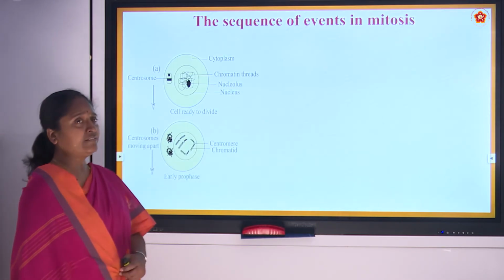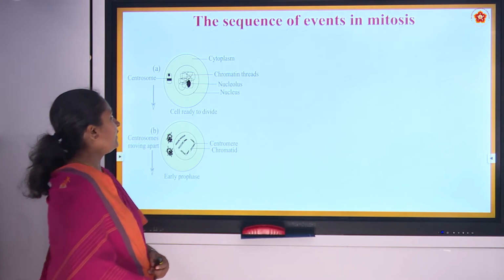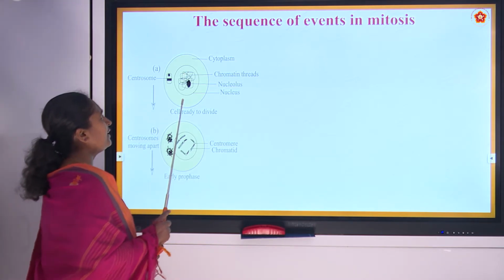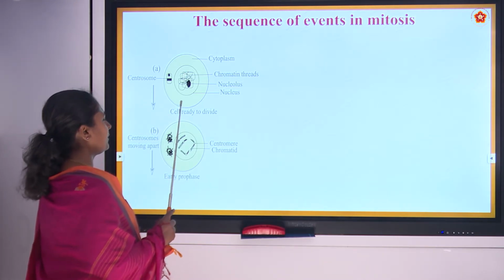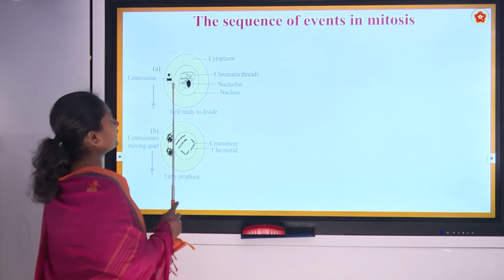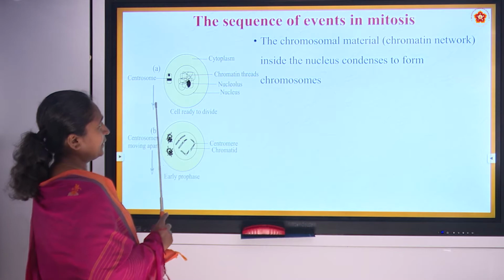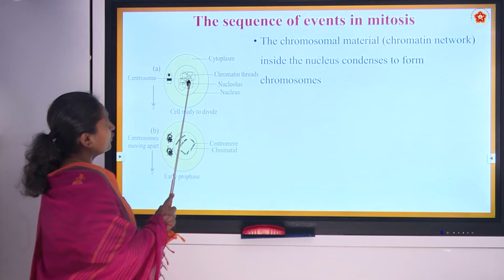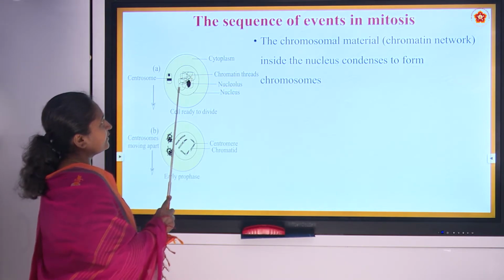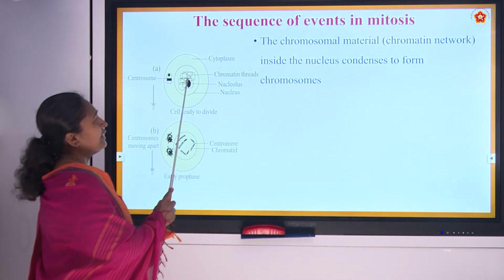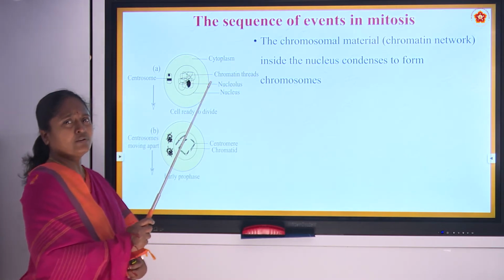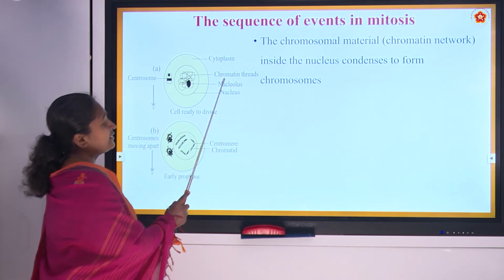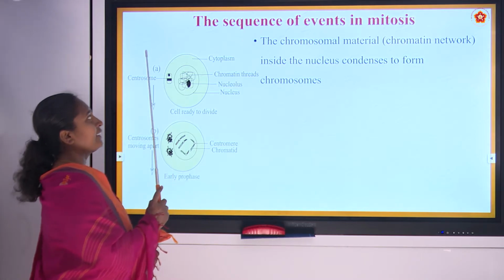Now we will see the events which take place. When a cell is mature and about to divide, it is ready for the division. At that time, we can see the nucleus, the nucleolus and the dispersed DNA which is present. It is all spread out. This DNA is known as chromatin threads, present inside the nucleus.